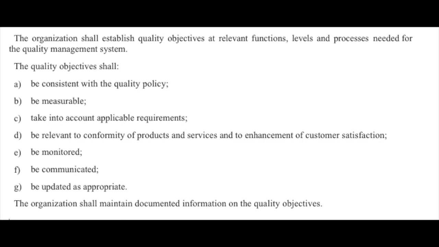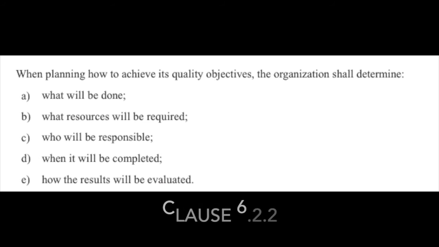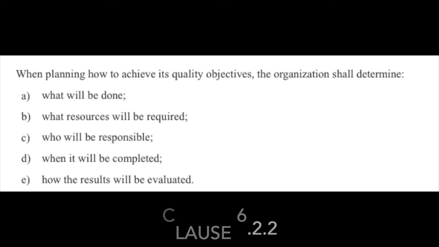When planning how to achieve the objectives, the organization shall determine what will be done, what resources are required, who will be responsible, when it will be completed, and how the results will be evaluated.